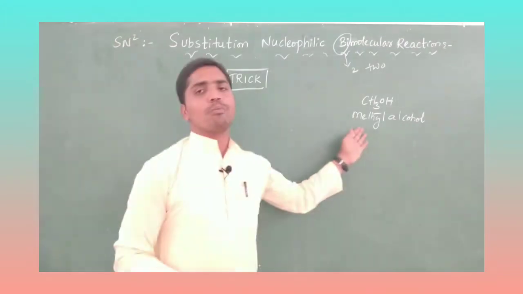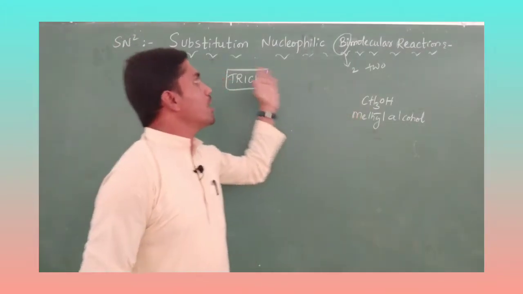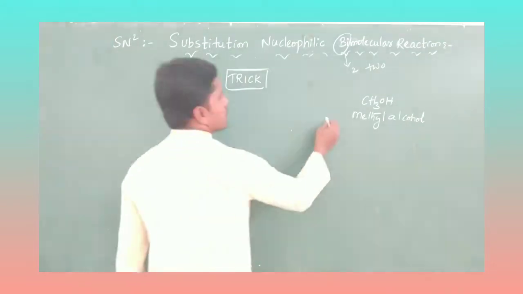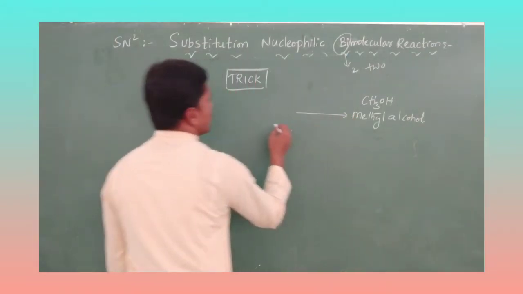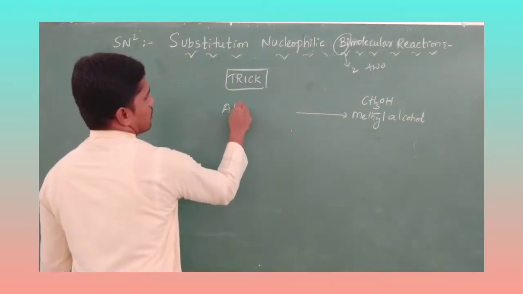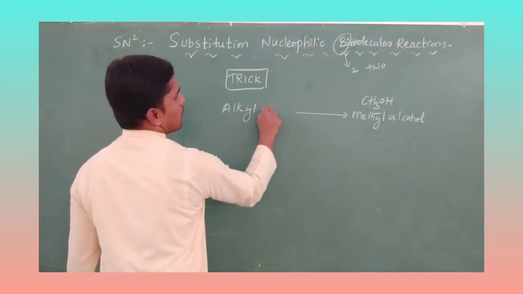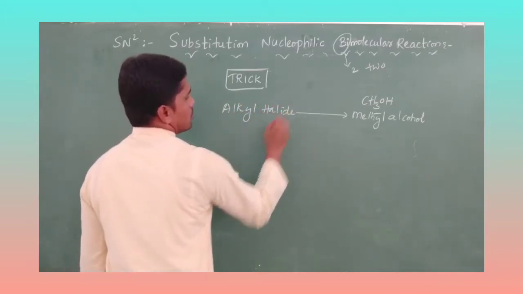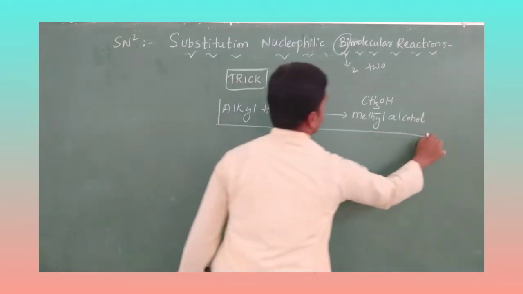We are going to prepare methyl alcohol in SN2 reaction. How are we getting this methyl alcohol? By using alkyl halide. So this is the simple trick that you have to remember.